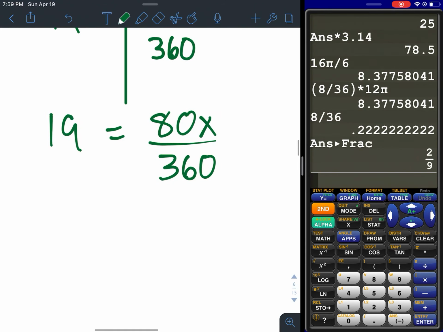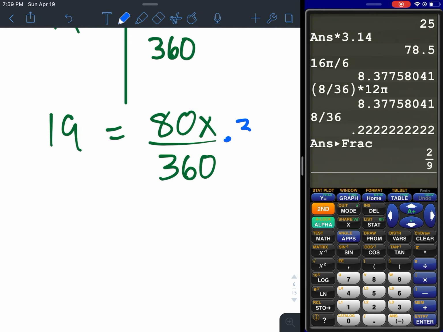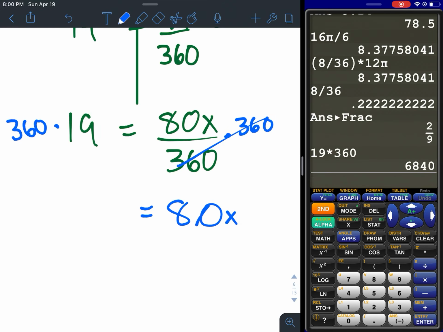And now here we just have a two-step equation. If we want to get x by itself, we would multiply both sides by 360. 360's go away. You have 80x equals 19 times 360 is 6,840.